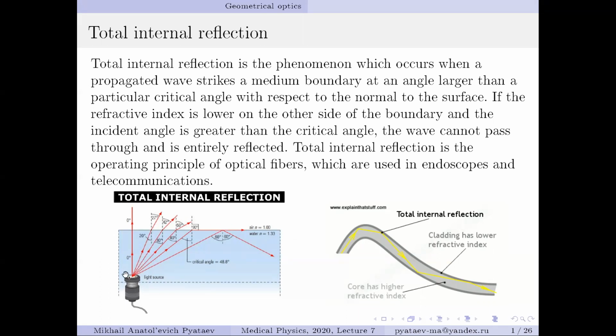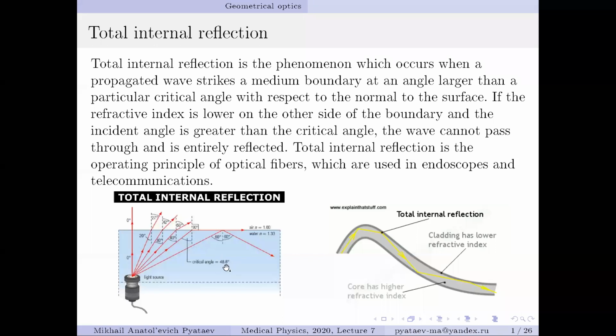And you see, initially for the first light beam, for example, the initial angle is 20 degrees, outside it is 27. If it is 30, it is 42. If it is critical, it depends on the substance. Here the picture is for water with the refractive index 1.33, and the critical angle for water is 48.8 degrees.